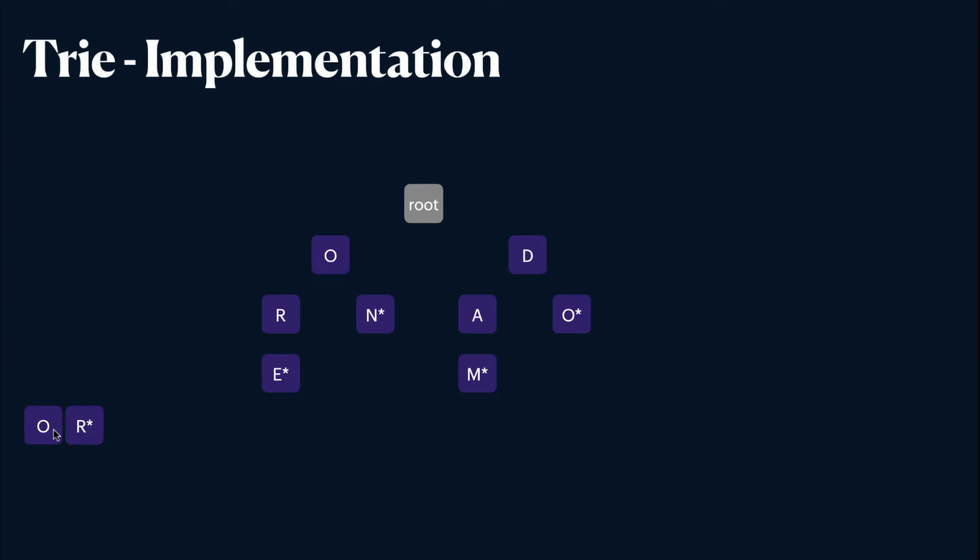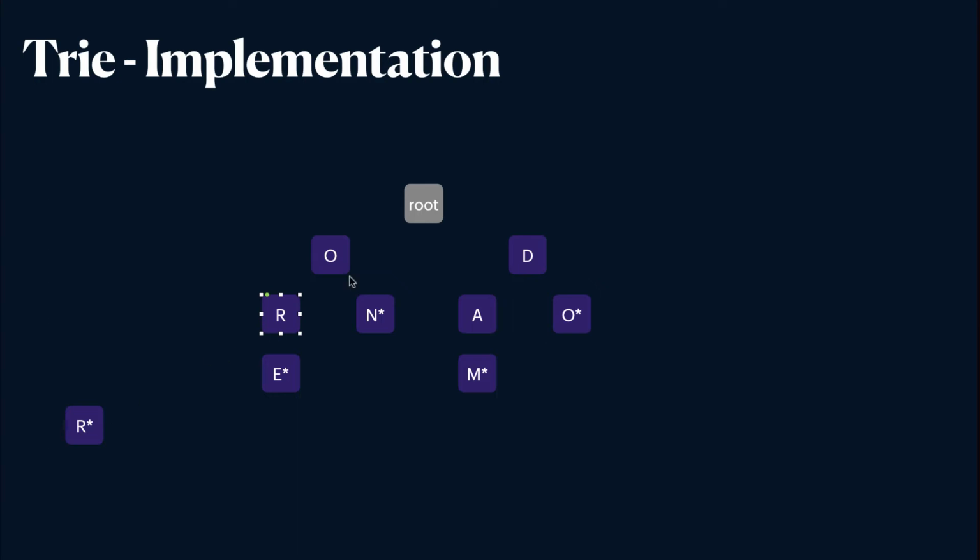And the last one, "or", it will cause us some problems, even though it looks super similar. So do we have O in the root as a child of the root? Yes, we have. We can ignore it and make it an active node. And do we have R? Yes, we do.